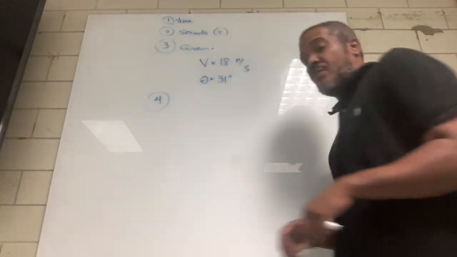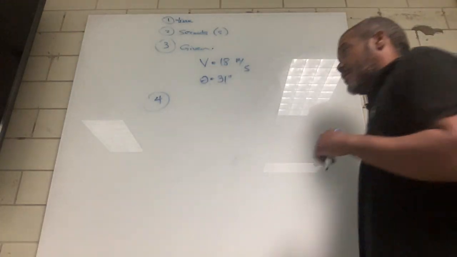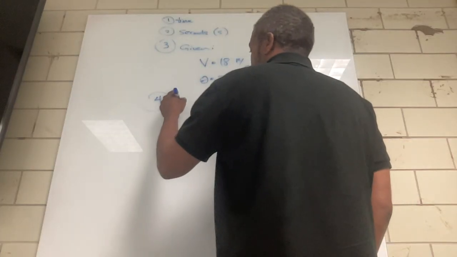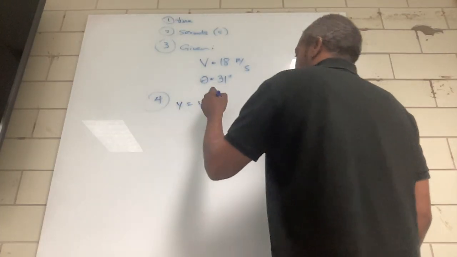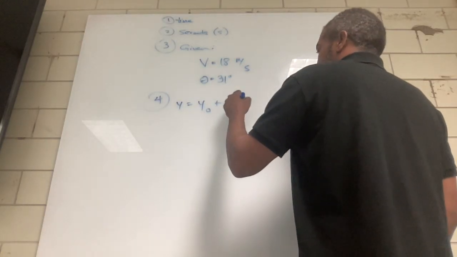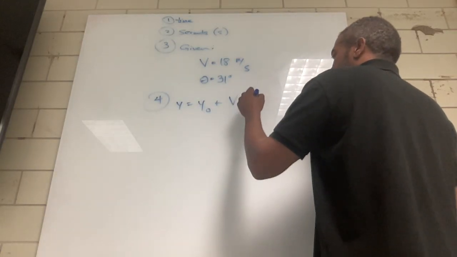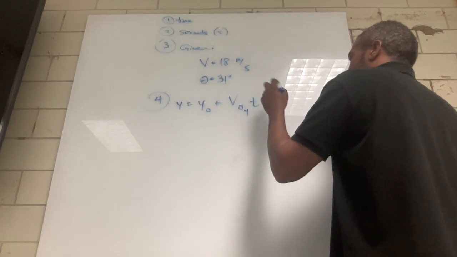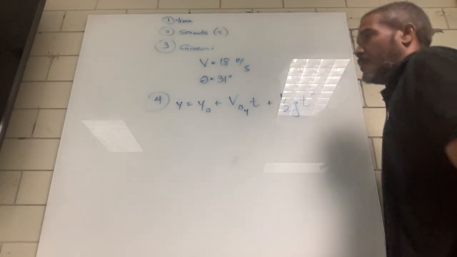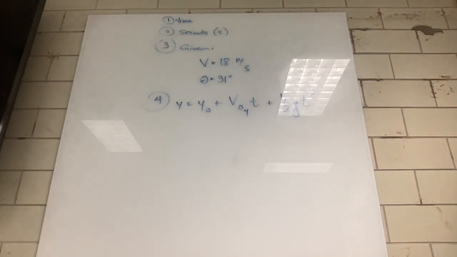We can write it in terms of x or y, and in this case, we're going to write it in terms of y. So y equals y naught plus v0y times t plus 1/2 gt squared, right?